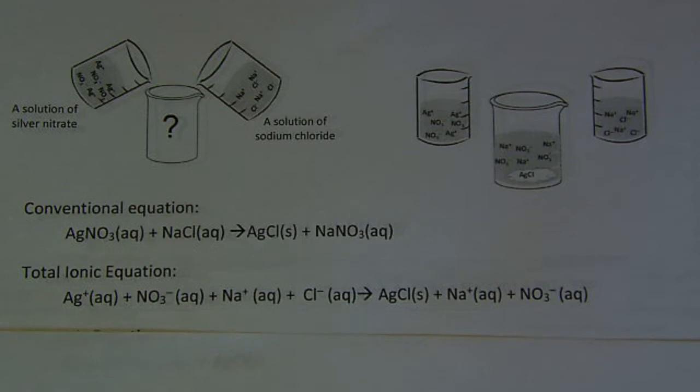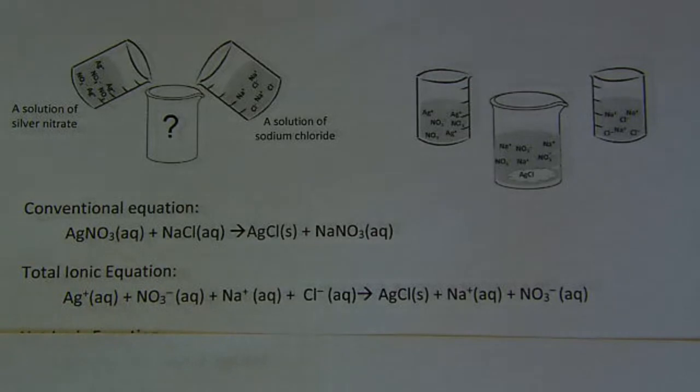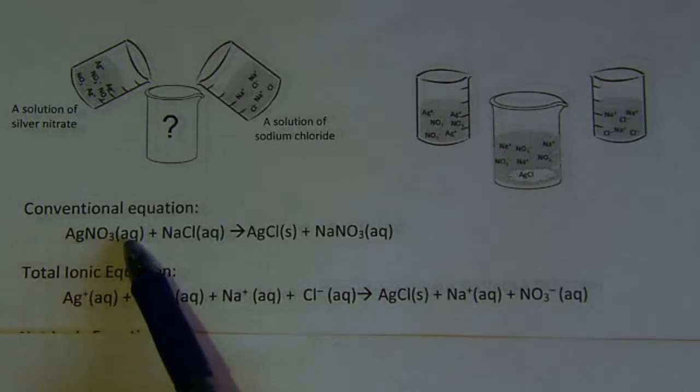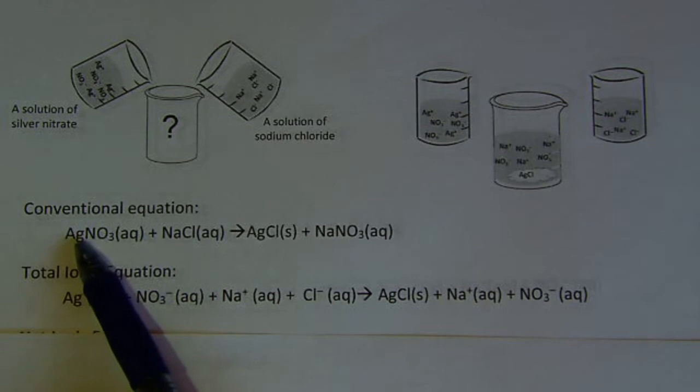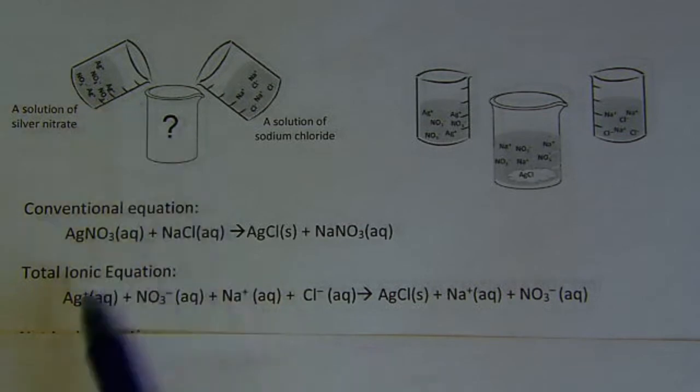Okay? So everything that has an aq label is going to be separated into its component ions to reflect how it exists in solution. So silver nitrate has an aq label. It separates into silver ions and nitrate ions, as we see up here.